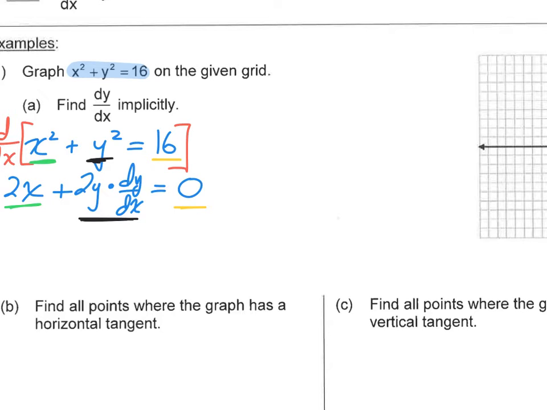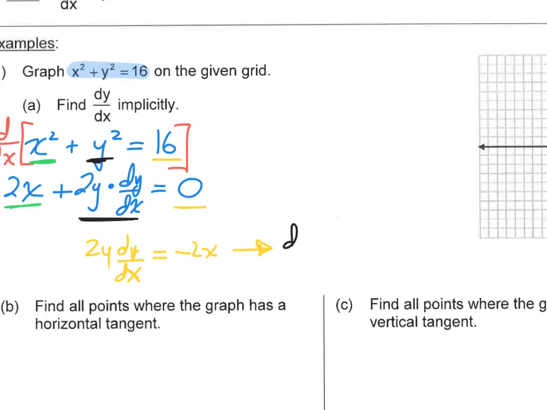Until that happens, just slap a dy dx on every time you take the derivative of a y term. And then once you get there, it's all algebra. Because now I'm just going to subtract the 2x from both sides, because my goal here is to solve for dy dx.